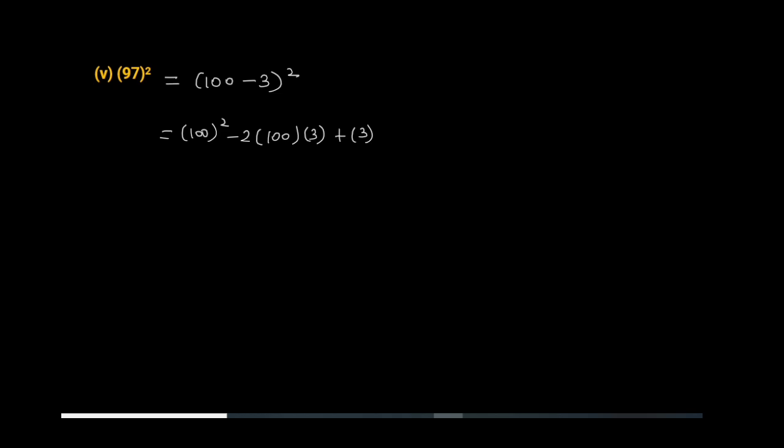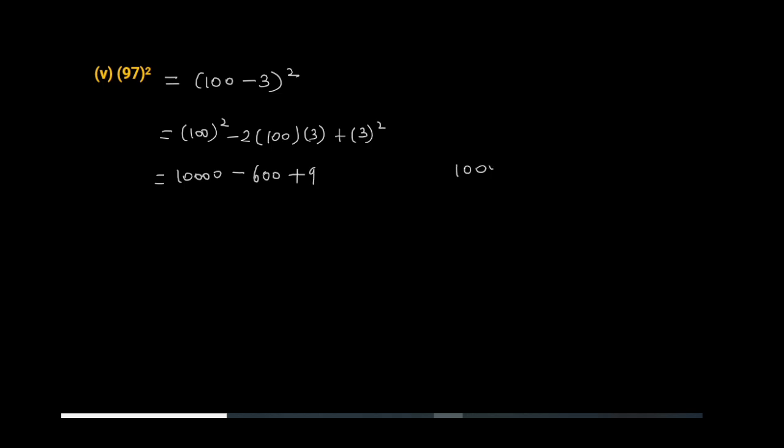97 squared is nothing but 100 minus 3 the whole squared, which is the easiest one. So 100 squared minus 2 into 100 into 3, using a minus b the whole squared. So using that we can find the answer easily. 2 into 100, 200 into 3, 600 plus 9.